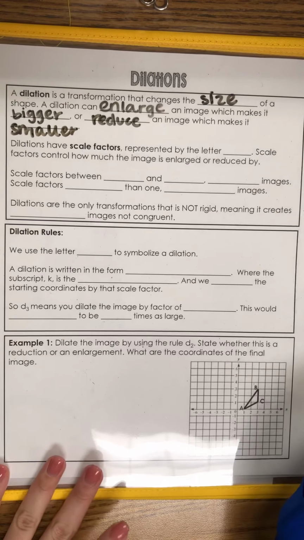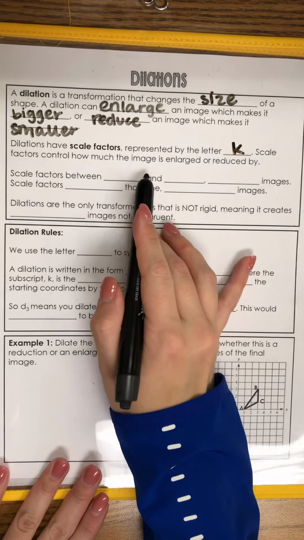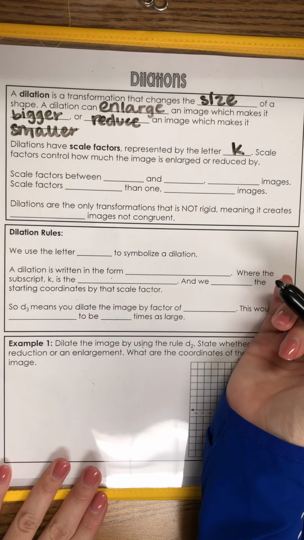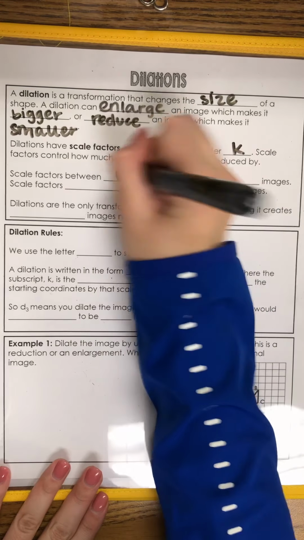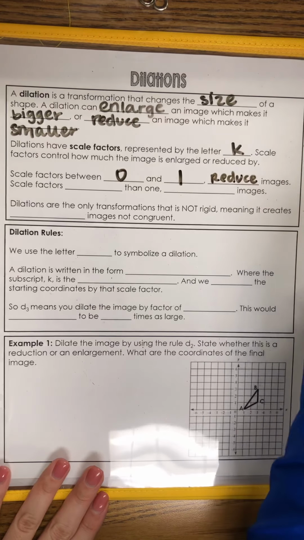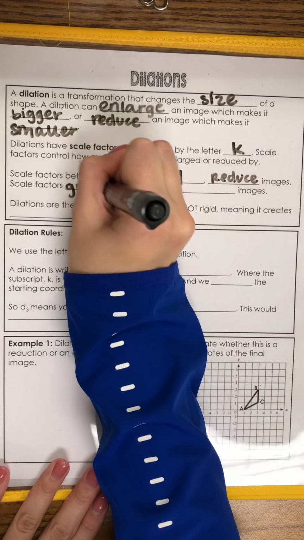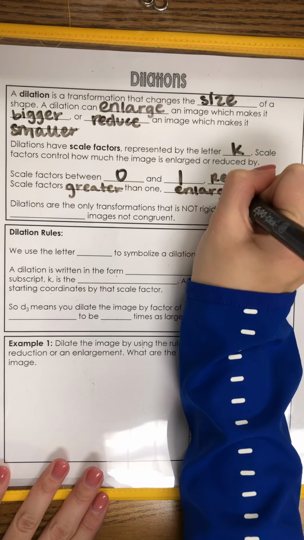We have scale factors that are represented by the letter K. They control how much the image is enlarged or reduced by. Scale factors can be between 0 and 1, which means it will reduce the image. Or they can be greater than 1, which will enlarge the image.